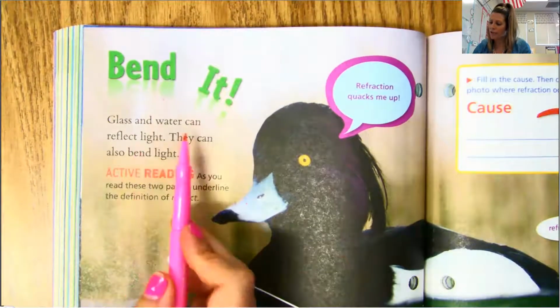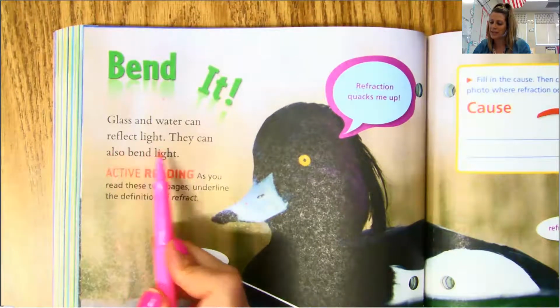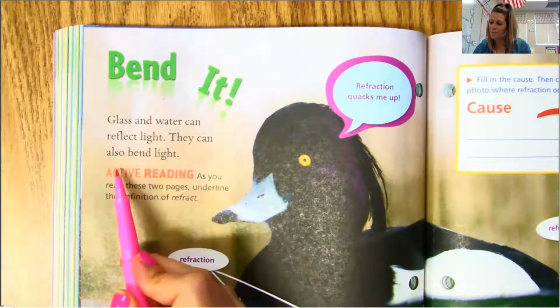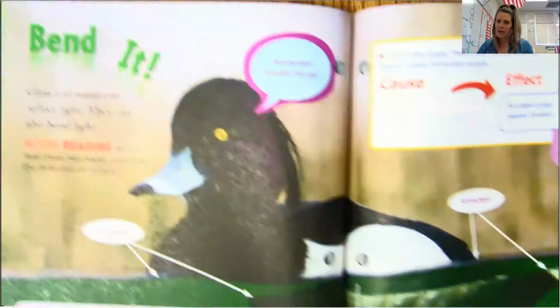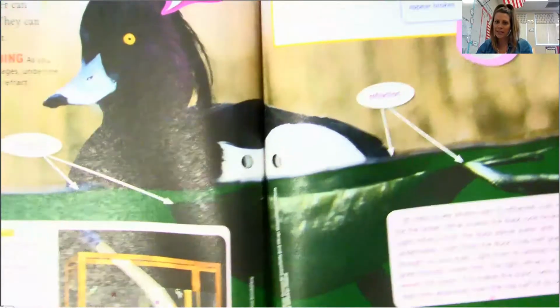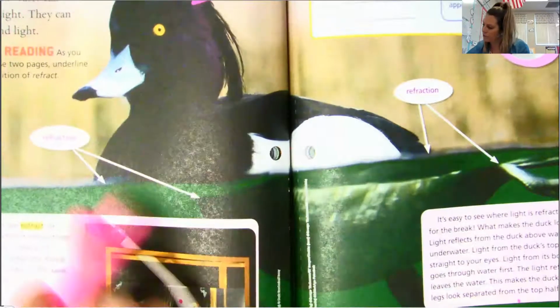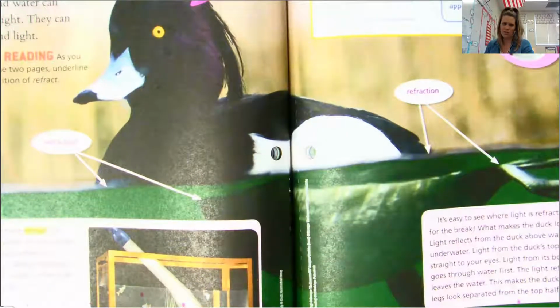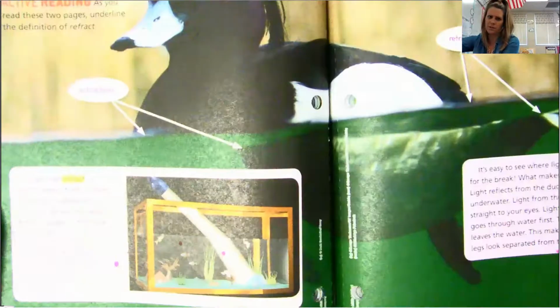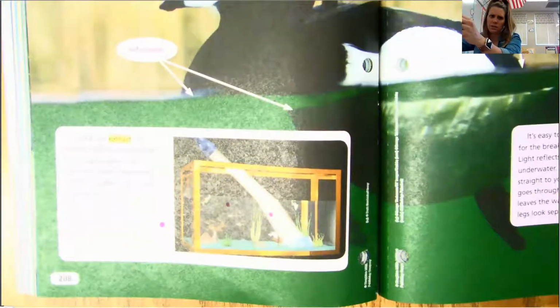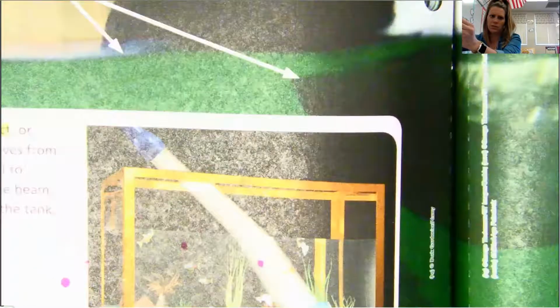Glass and water can reflect light. They can also bend light. So here we've got a duck, and it is showing labels of refraction. Well, let's read and see if we can figure out what refraction means. And I love how you're patient, so I can zoom in and you can see.